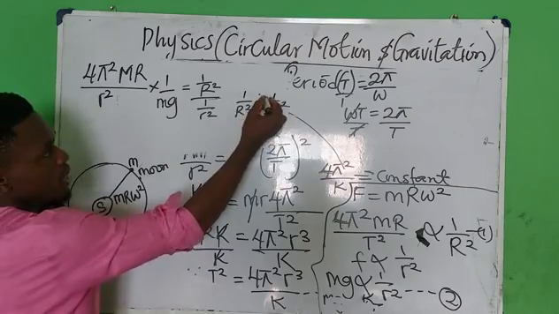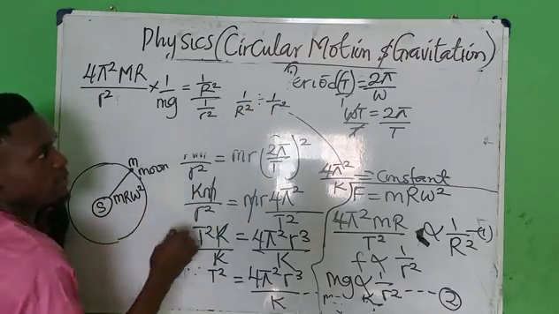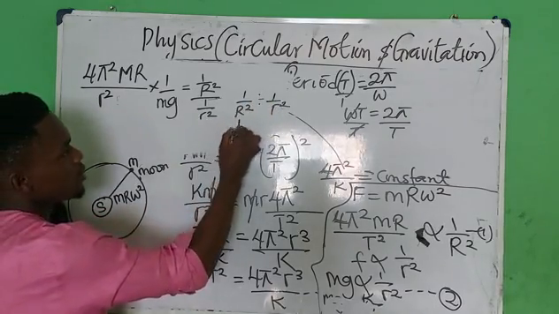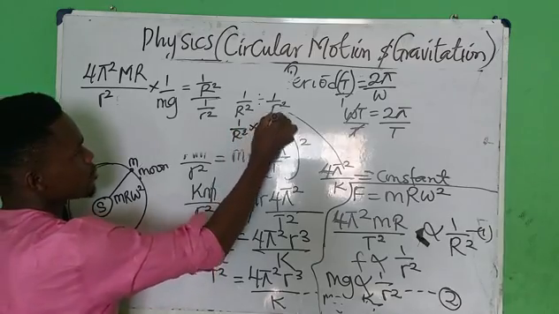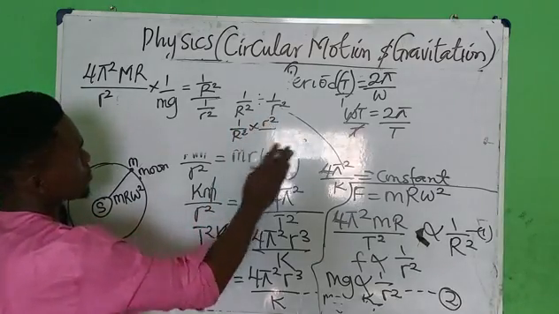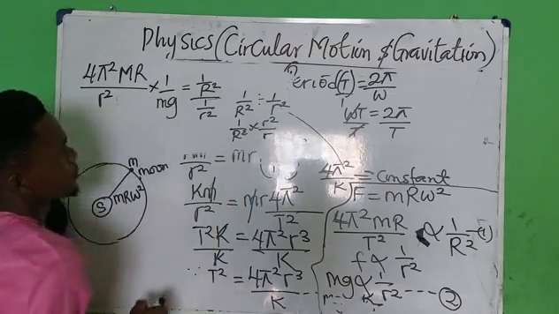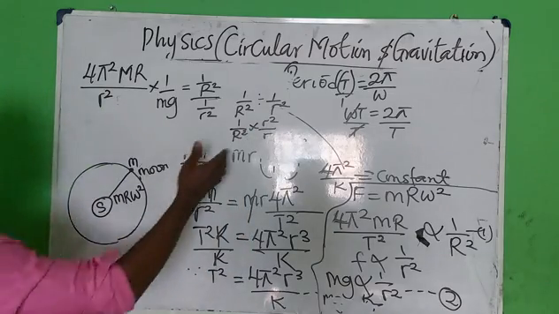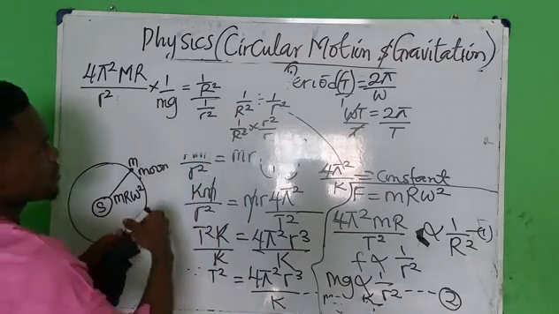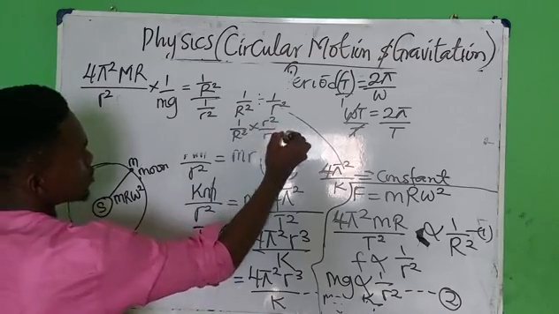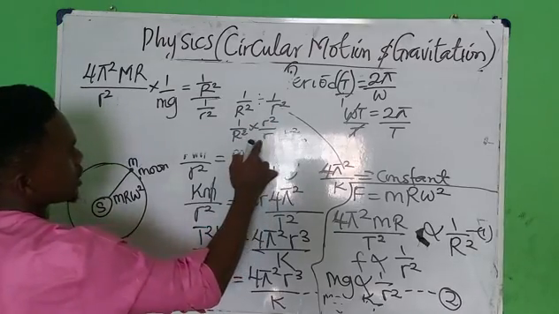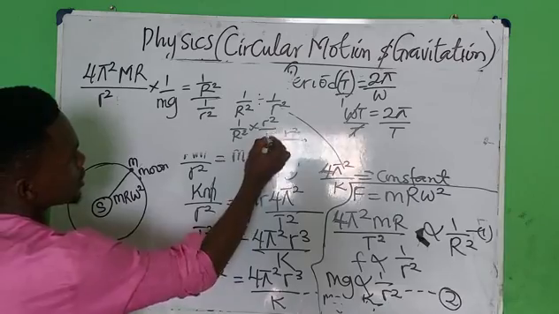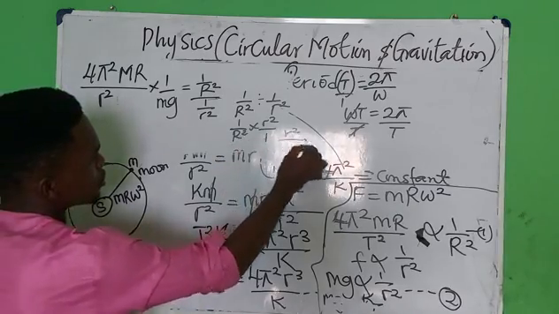If I introduce times into this expression, what will I be having? I'll be having 1 over r squared times R squared over R. Is that not correct? So from here I'll be having r times 1, R squared over times 1. Then 1 times this is R squared.